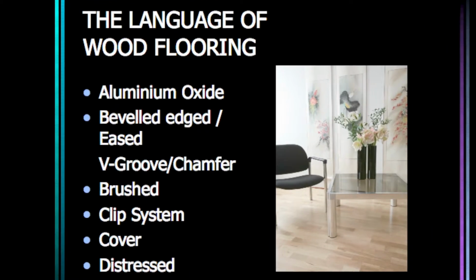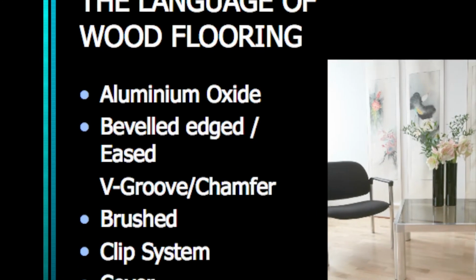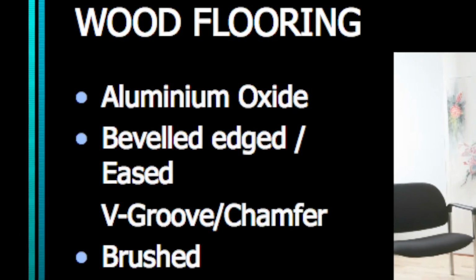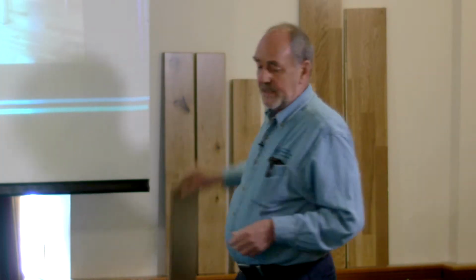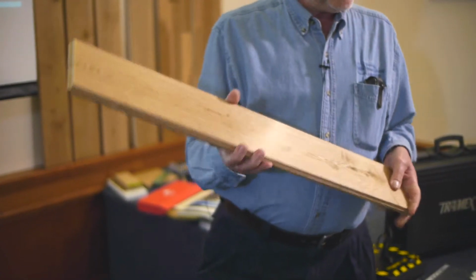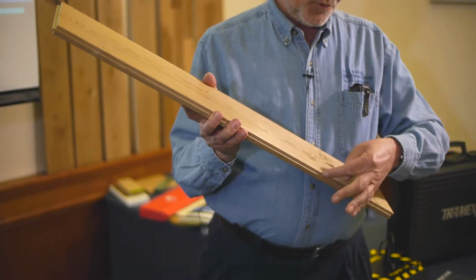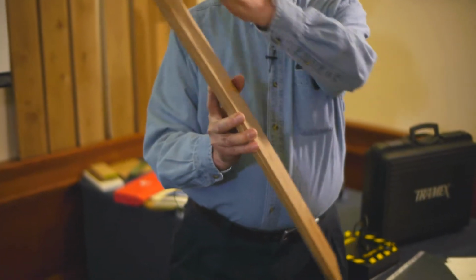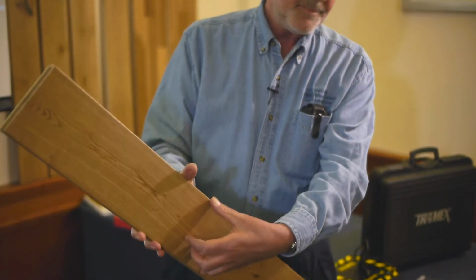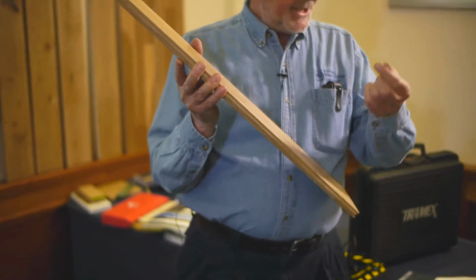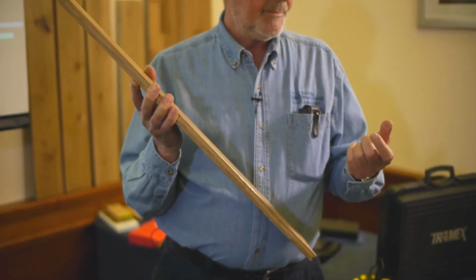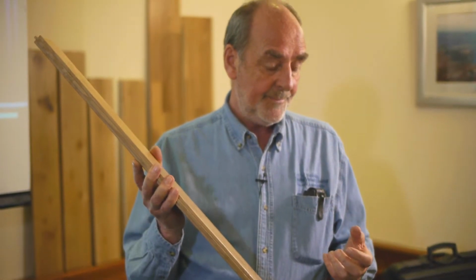Beveled edge or eased corners. Some of you would be familiar with that, but just let me cover it. If a floor is specified as G0, it means that these 4 edges, 1, 2, 3, 4, are at 90 degrees. They're sharp. It's a square edge.